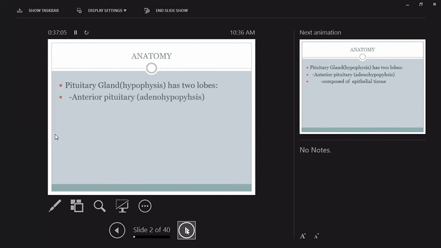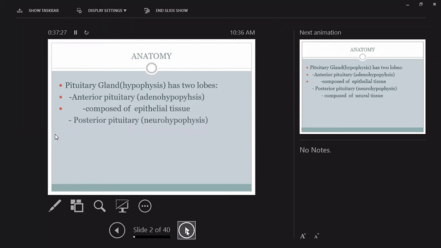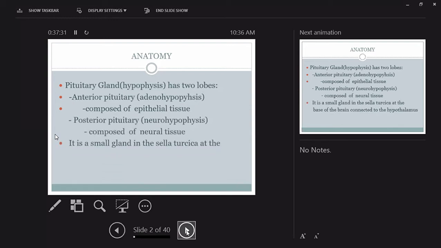The pituitary gland has two lobes, the anterior and the posterior lobe. The anterior pituitary is composed of epithelial tissues. The posterior pituitary, or neural hypophysis, is composed of neural tissue from the hypothalamus.